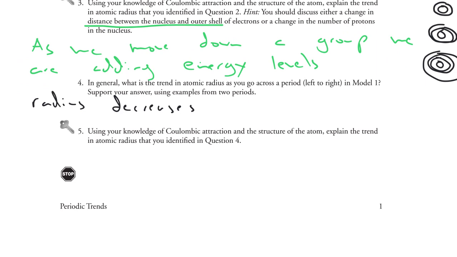So what's happening here is that as we are adding in more electrons, we're also adding in more protons. Those electrons are only being added to the highest energy level, and the protons are able to pull on that energy level with a stronger electrostatic force. So it's really all about the number of protons.